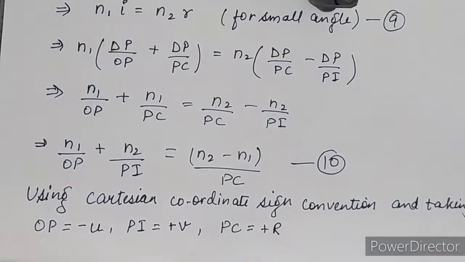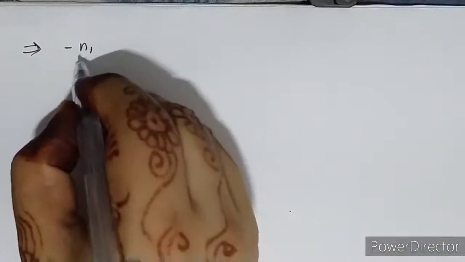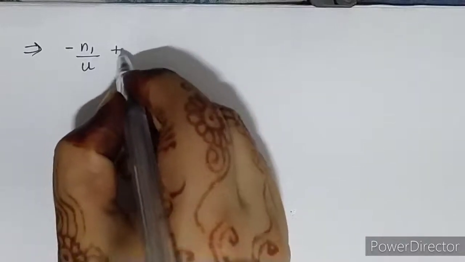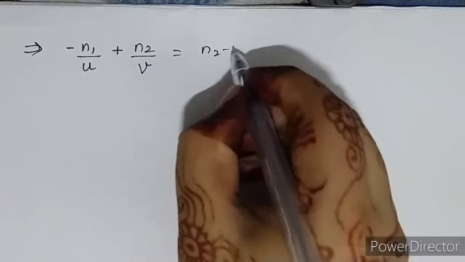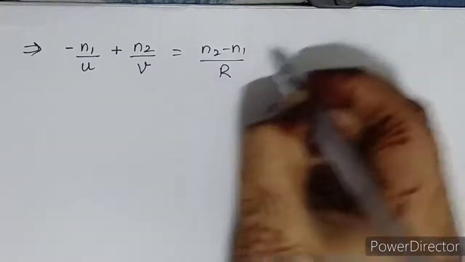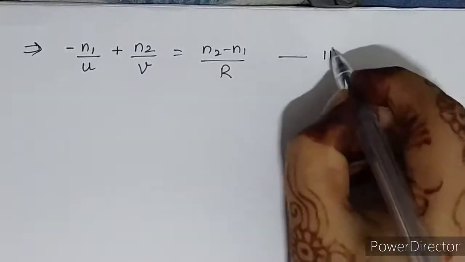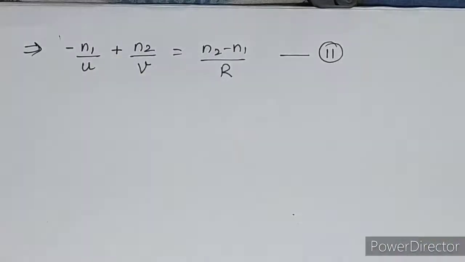So we get minus N1 upon U plus N2 upon V is equal to N2 minus N1 upon R. This is your equation number 11, and this is the formula.